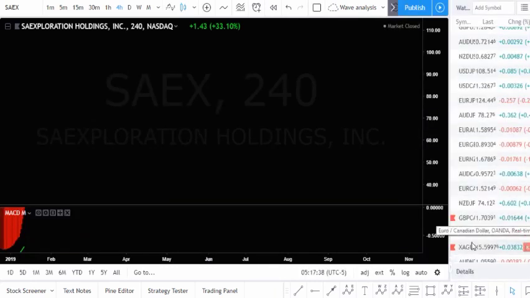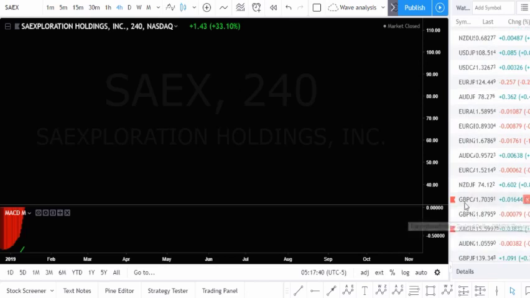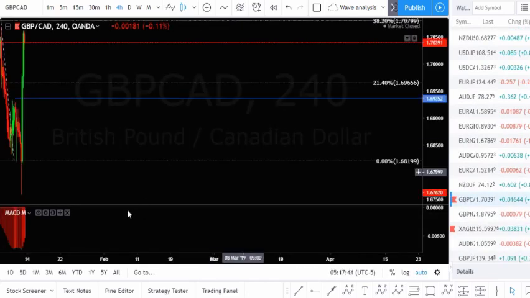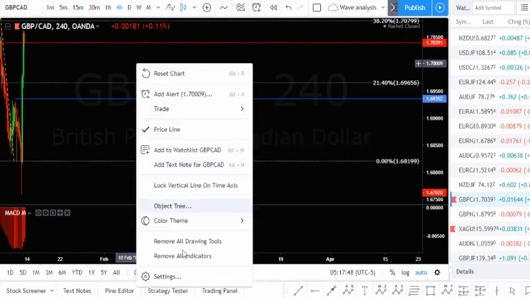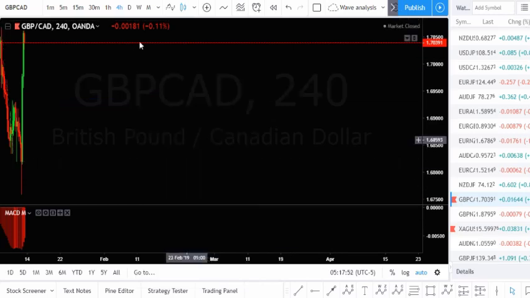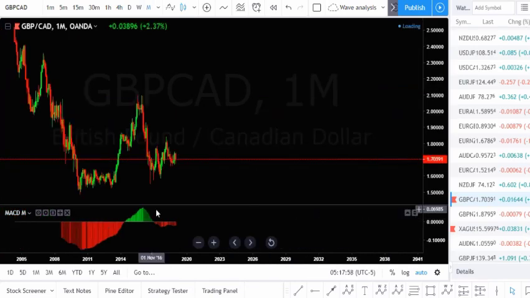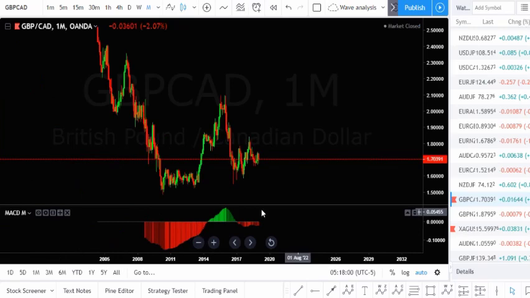So let's take the Great Britain pound CAD, doesn't matter. And then not to make bias, let's remove all the drawing tools, not to create a bias in the market. So let's start on a monthly and let's see if we can see something.